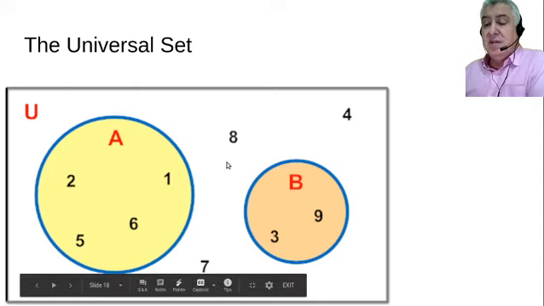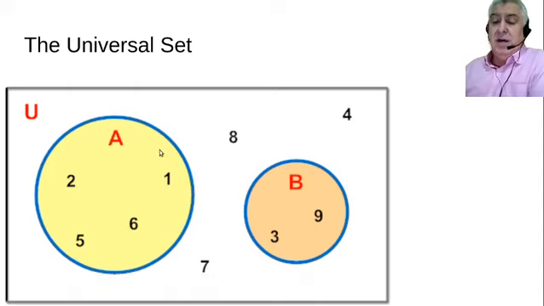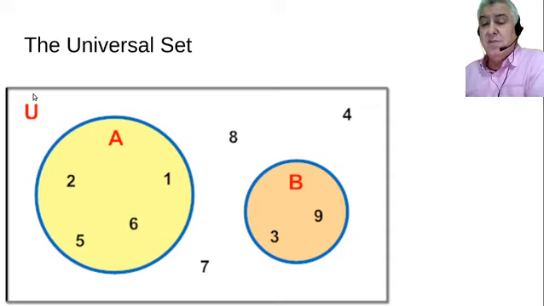And B has some of them, and A has some of them, and some of them aren't used. You can see this set always has the letter U and is called universal. That's the largest set that we can have, whatever we're talking about. So the universal set is the largest set that we can have of whatever our constraints are.